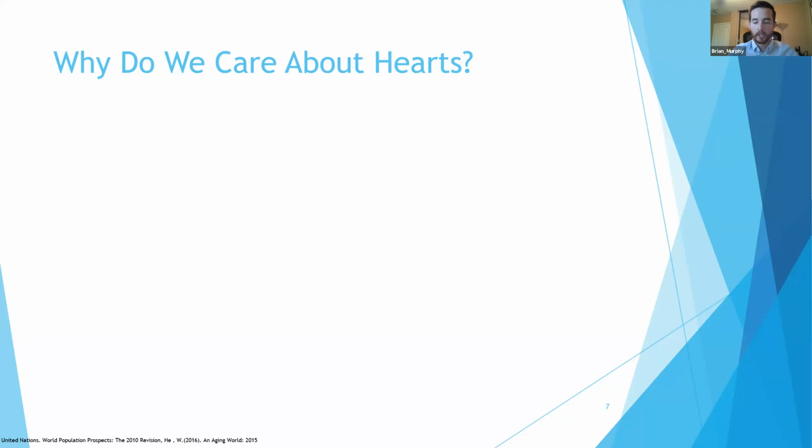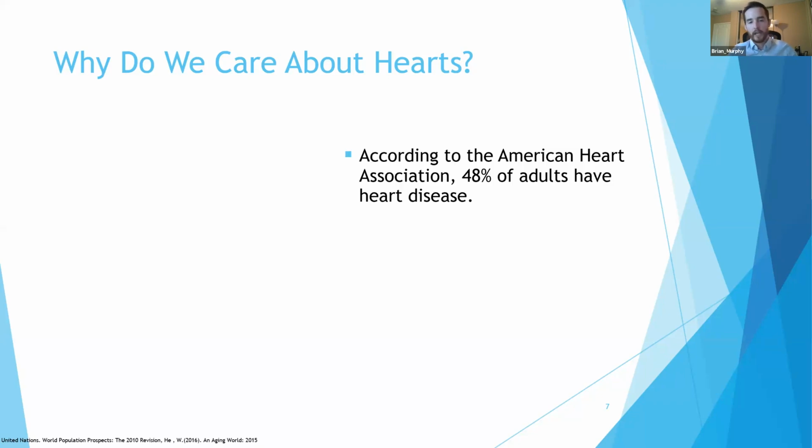So what Edwards really takes to heart is doing what we can to try to help individuals that are having issues with their heart. In the context of where our economy is, where our population growth is, if you take the American adult population, around 48% of people have some form of heart disease. And I'll get into that in a minute. What does heart disease mean?